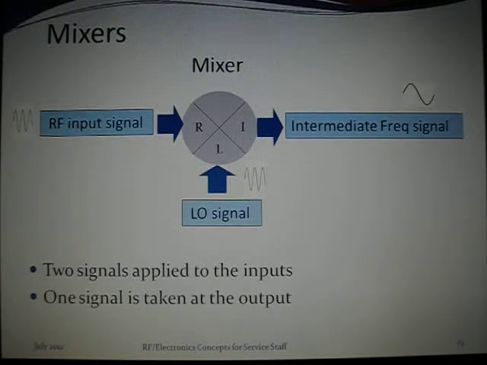The local oscillator and the RF signal are converted and they produce a number of mixing products. All of the mixing products are sent to the mixer output. However, usually just the difference is the desired signal. That is, the difference between the local oscillator and the RF input signal. That difference signal is called the intermediate frequency, the IF.